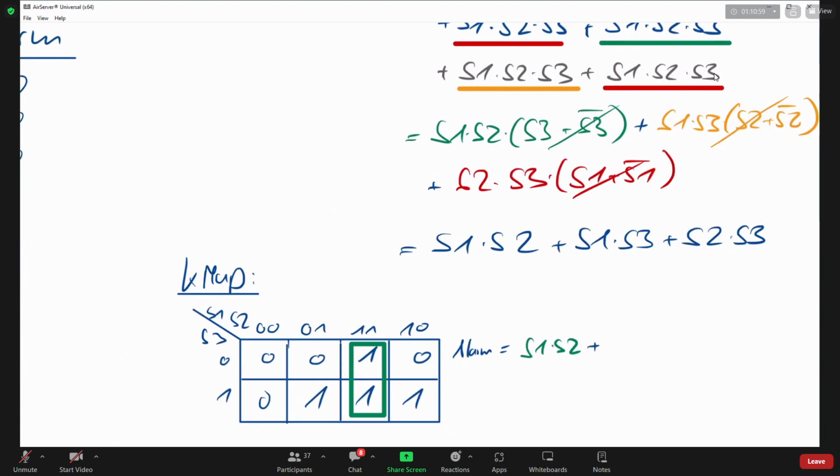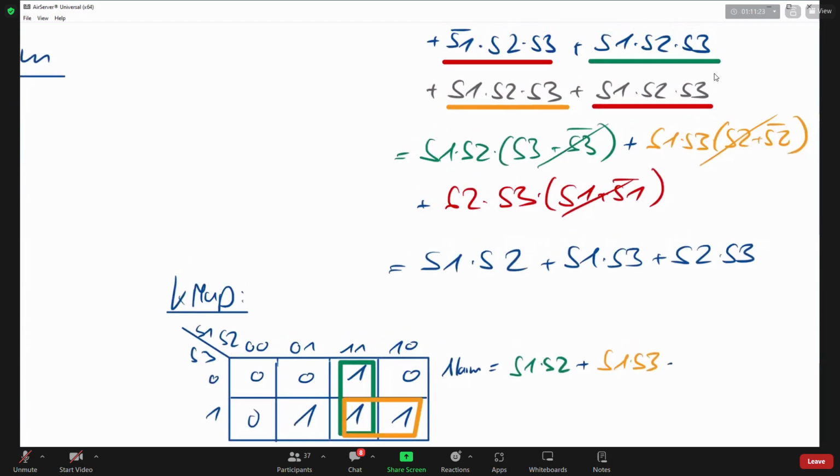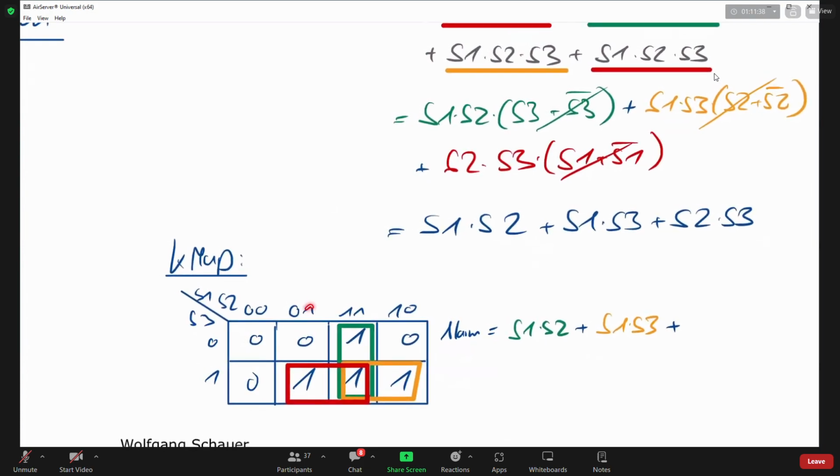S1, S3, independent from S2. Is that one here? So the orange one, we have S1, S3, and S2 is 0 or 1. Or the last one, the red one, S2, S3, independent from S1. So here we have S2, S3, and S1 can be 0 or 1.